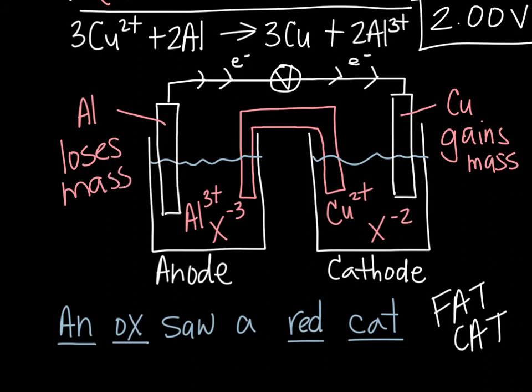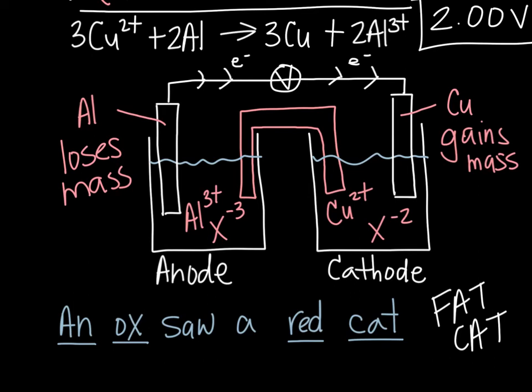All right, so this is basically how a battery works. The electrons flow through the wire onto this electrode here, and it's actually the ions that are flowing through the salt bridge and in the solutions. So that's how the circuit works, and that's how batteries work.